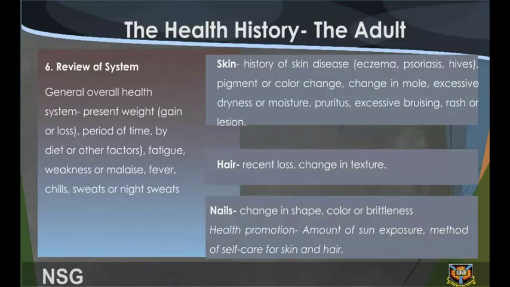6. Review of systems. General overall health: present weight, gain or loss, period of time, by diet or other factors, fatigue, weakness or malaise, fever, chills, sweats or night sweats.